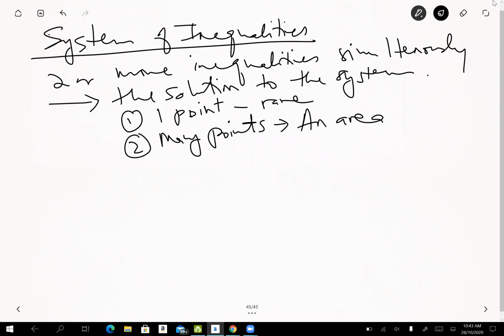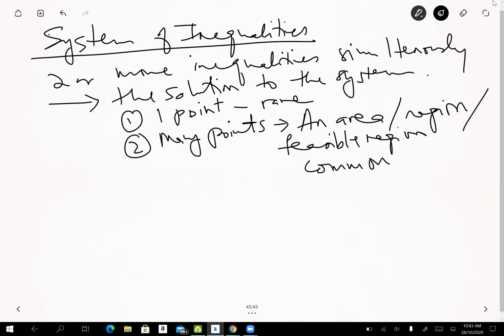There are many points, it's an area, or we can call it a region, or the term that we normally use is the feasible region, or we say common area. Or number three, there will be no solution. That means there is no point that satisfies the system of inequalities.